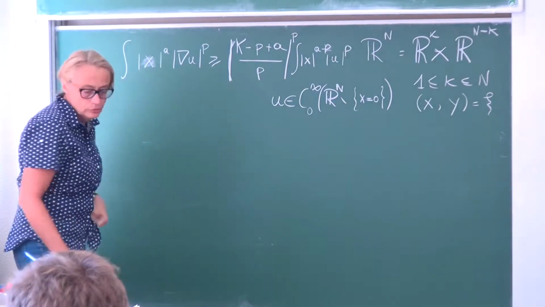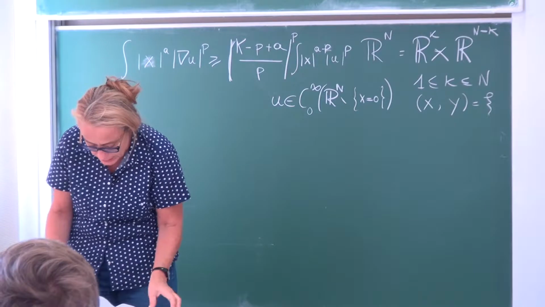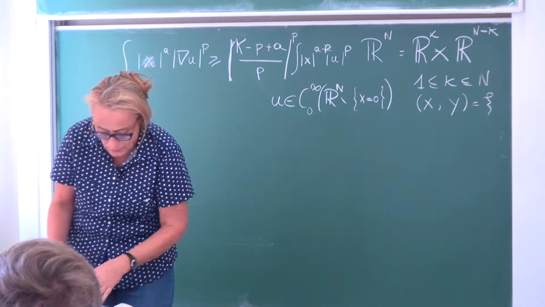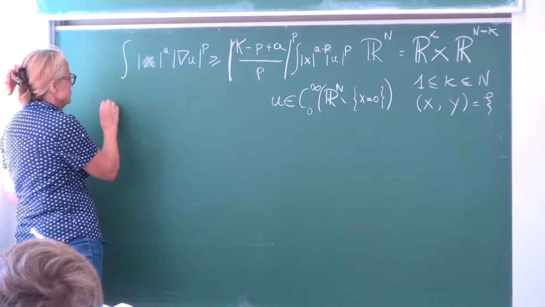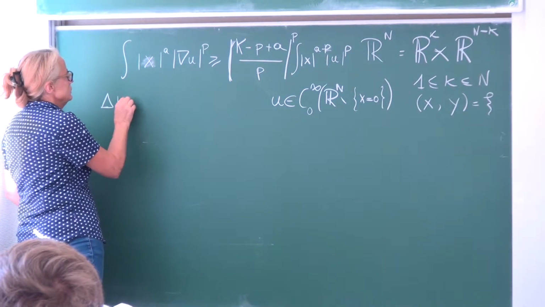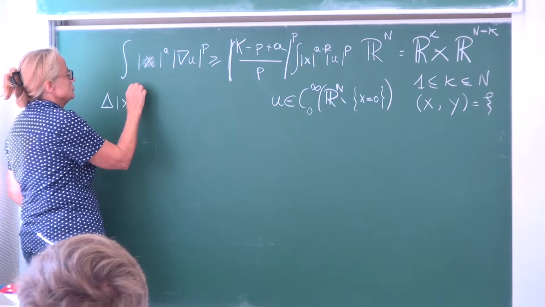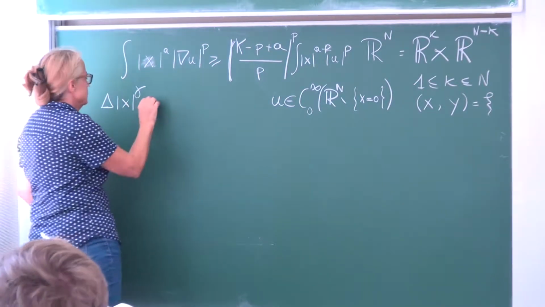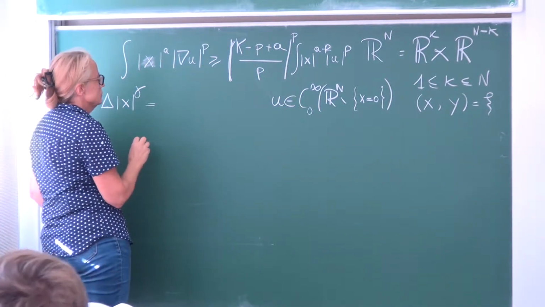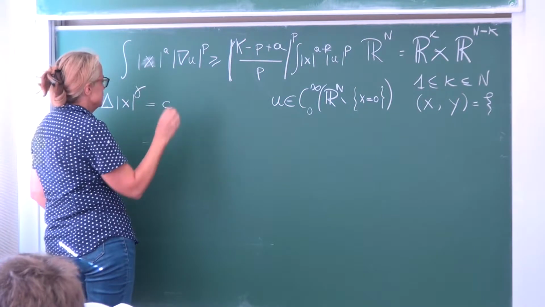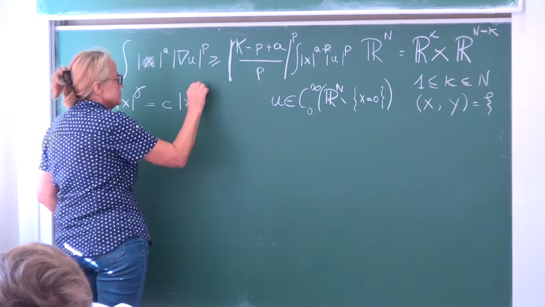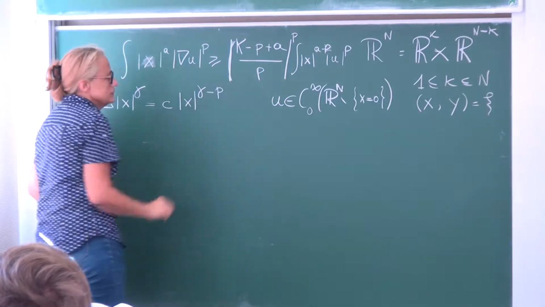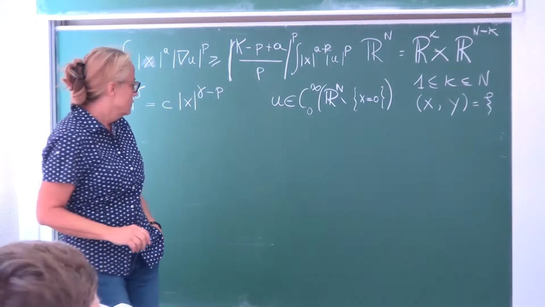Moreover, if you remember the proof of this inequality, at this point we had some function, some suitable power of some function, such that this was equal to a constant, the norm of x to the gamma minus p.